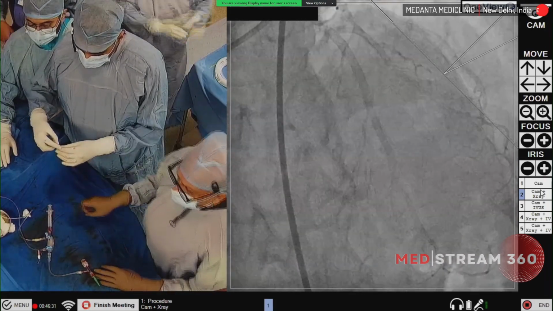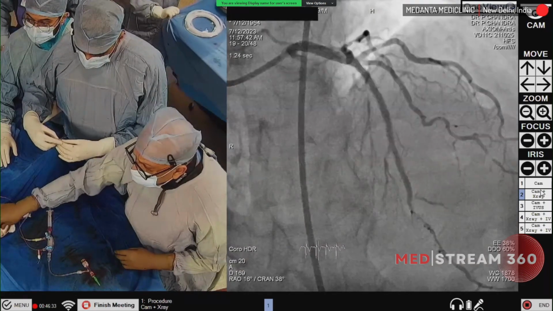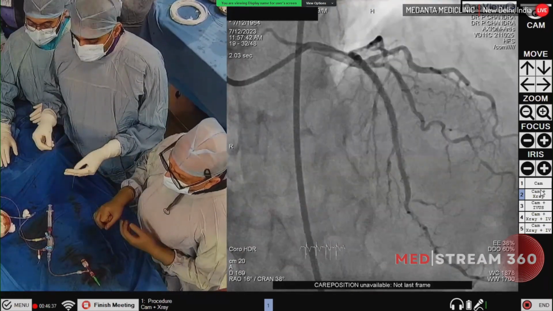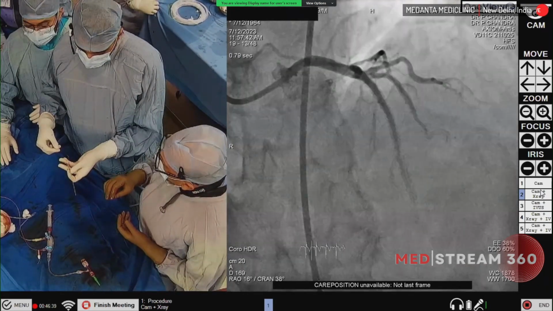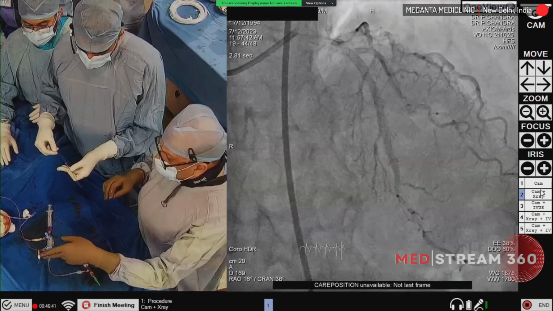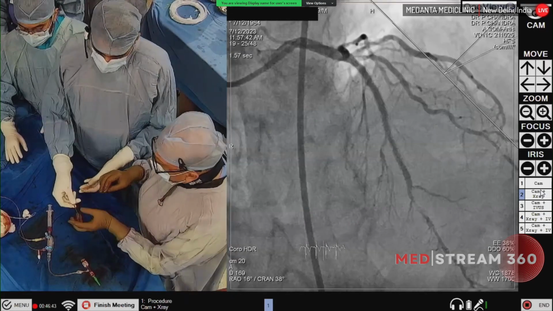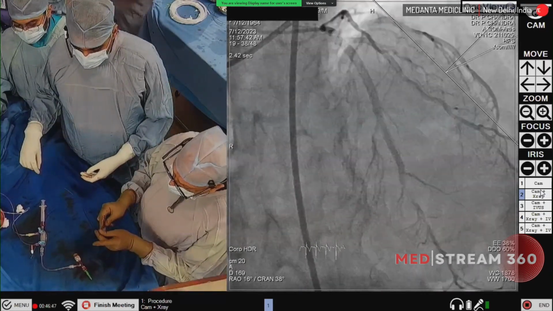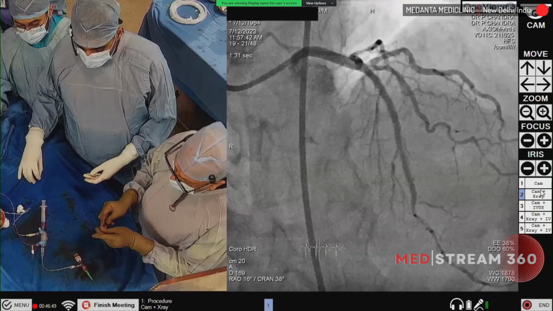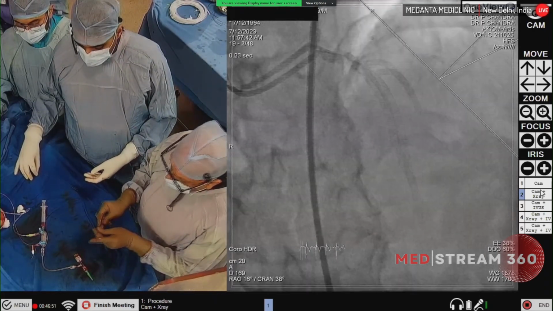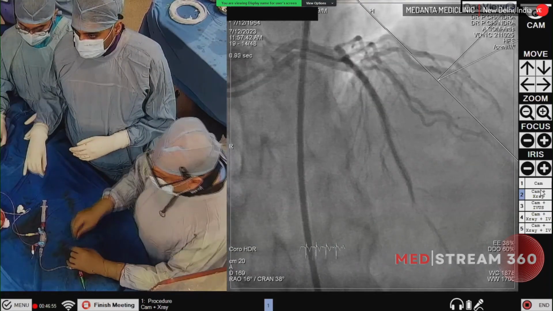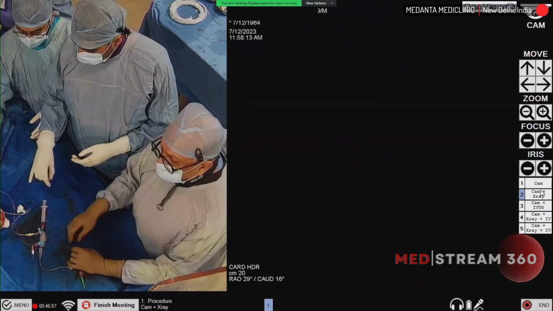So just distal to that, and it is a reasonable length of segment. So there could be some discussion whether to leave it or just do it, since it is just after the stent. Although the stent was done 10 years back, it's fully endothelialized. Still, I will say that if we are able to do something, it will improve the outcome for this patient.